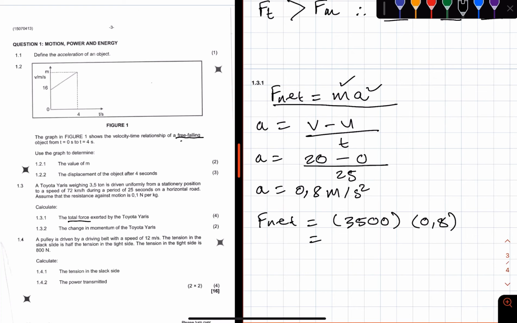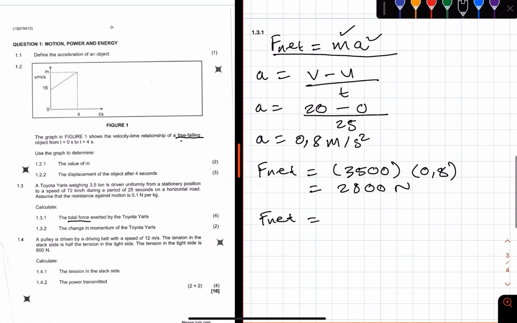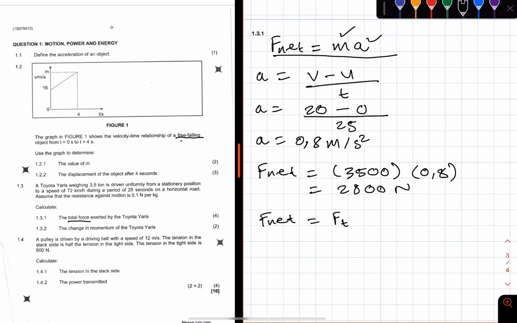If you punch this in, we get 2,800 newtons. As we established earlier, F net in this case is equal to F sub T minus F mu.